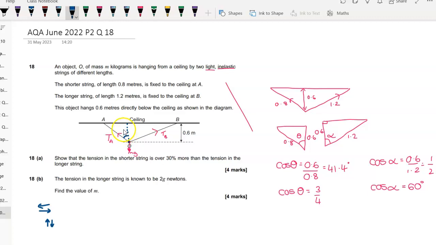Right. That's there, that's theta. So the horizontal bit of this force going that way, if that's theta there, then that will be opposite. We want this bit opposite that. So TA sine theta must be equal to TB sine alpha.